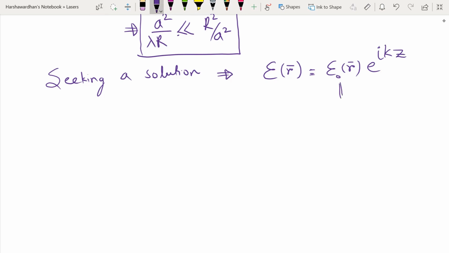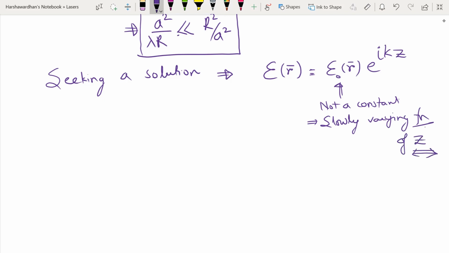And this is not really a constant, but what we want it to be is a slowly varying function of Z, the axis or the major direction along which the propagation is the largest.